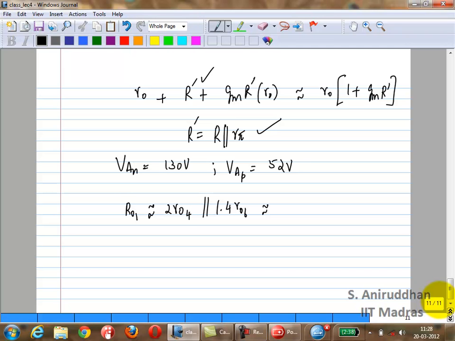Is this right? 1.4 approximately, like 1.3 or 1.4. 1.36, huh? What do you get?